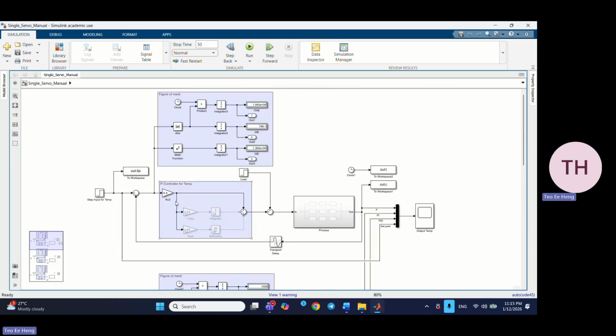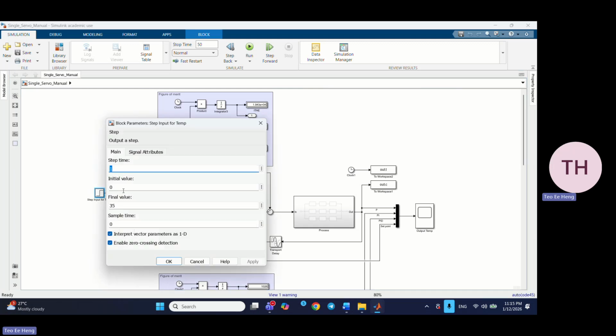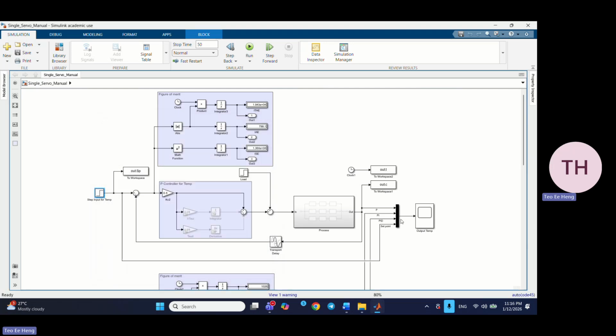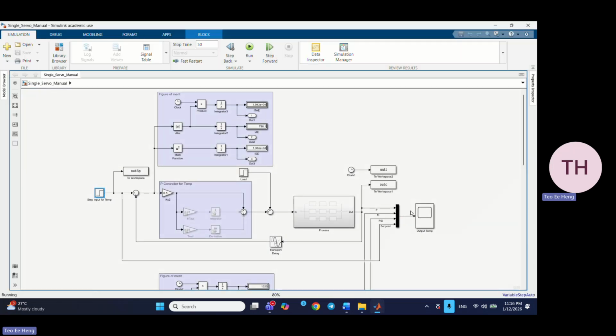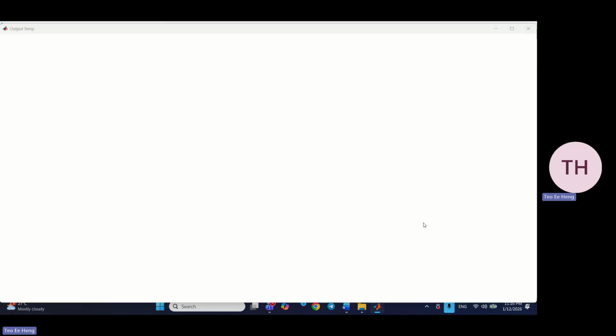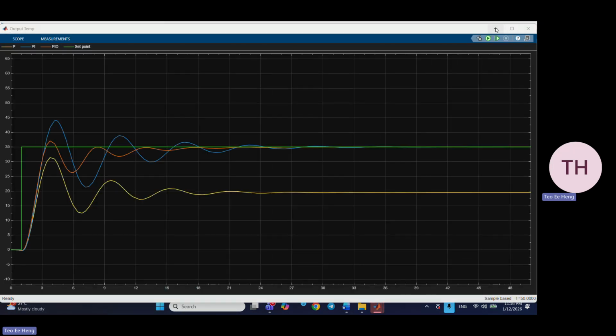After we set the parameters for the controller, we need to set the step input, where the initial value is equal to 0 and the final value is equal to 35. Then we run the model and we can get the response curve like this.